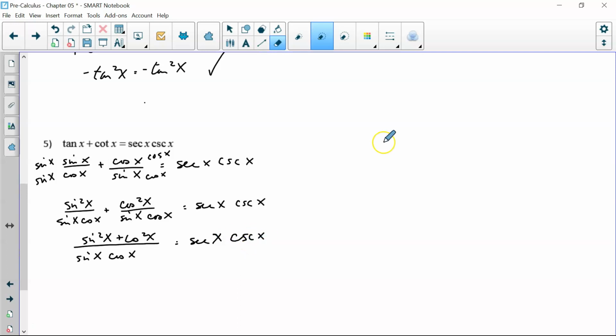Now, remember the Pythagorean identity: sine squared theta plus cosine squared theta equals 1. So instead of writing sine squared x plus cosine squared x, that's just 1 over the sine of x cosine of x.